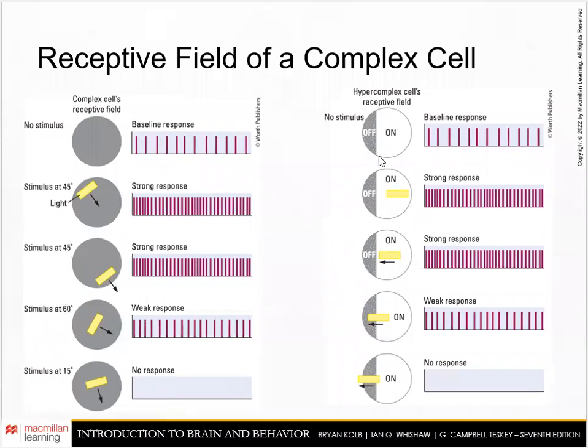We can see that here, where there is this inhibitory area and there's a baseline response. We introduce the stimulus and there's a strong response. As the stimulus moves along, it continues to have a strong response until most of it ends up in that inhibitory area, where we get a weak response. And once all of it is within that area, there is no response.